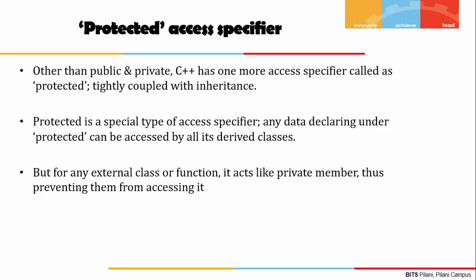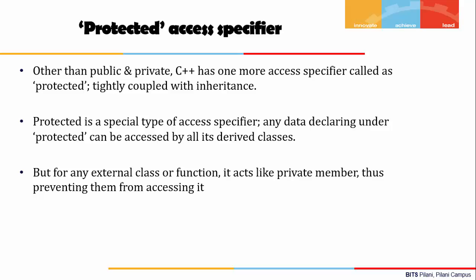Now, this is true if we don't use inheritance. When we are using inheritance, the question that occurs is, can member functions of the derived class access the base class members? Without inheritance, we can have an object of the class which will be able to access only the public members and not the private members.